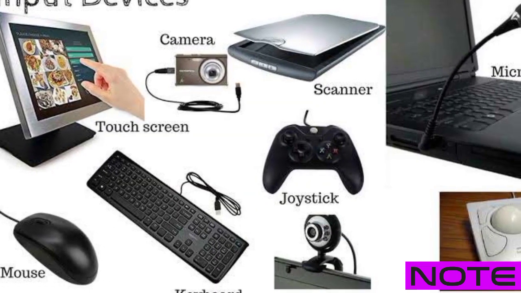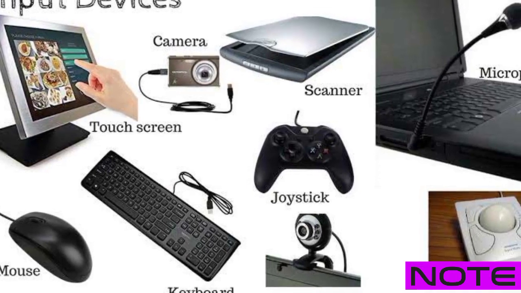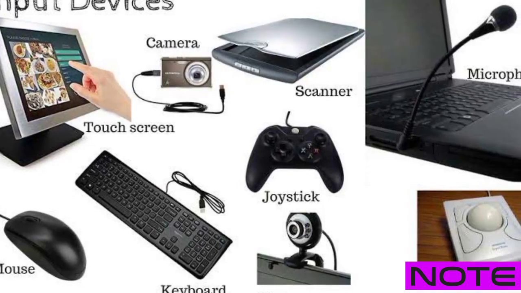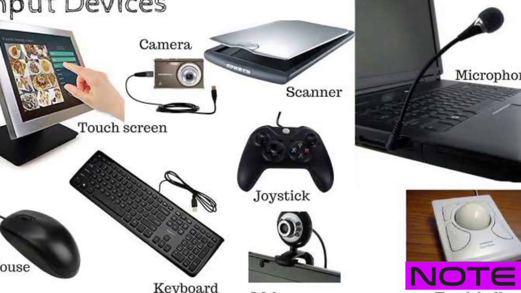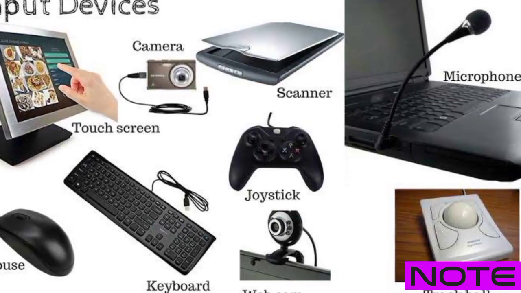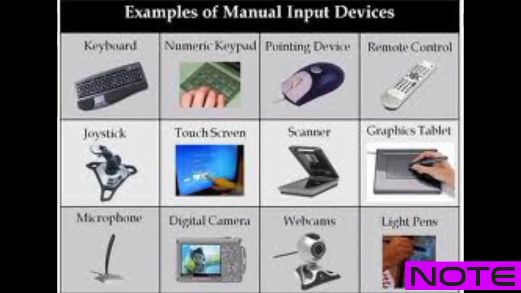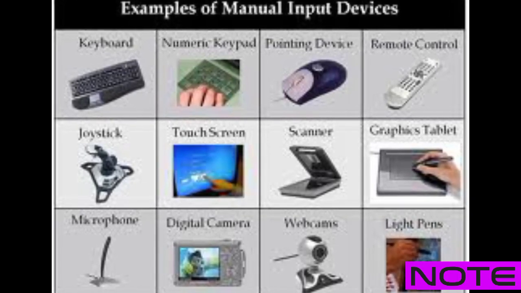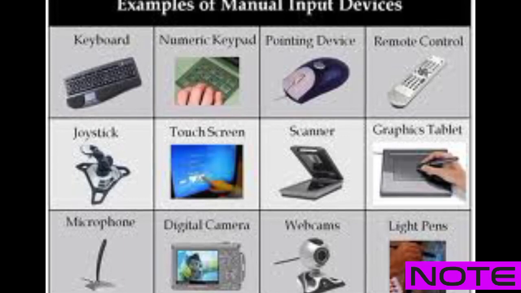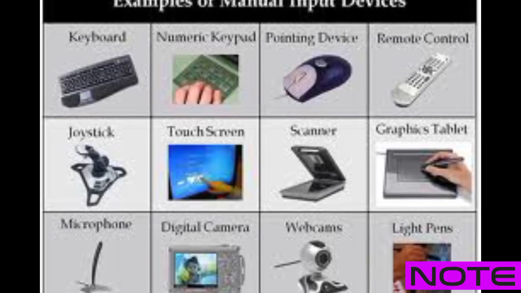Apart from this, a variety of input devices are available presently. They consist of trackballs, graphic tablets, joysticks, microphones, digital cameras. A trackball is similar to a mouse and used as a pointing device in laptop computers.